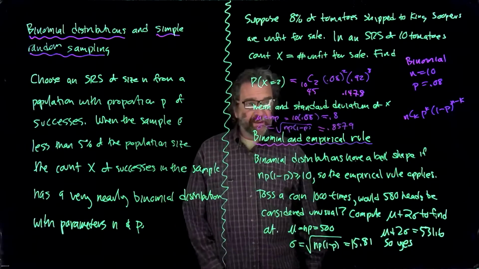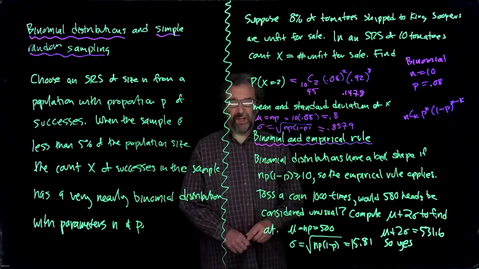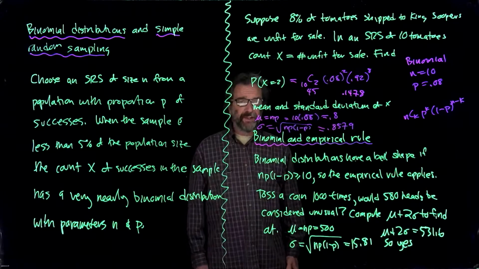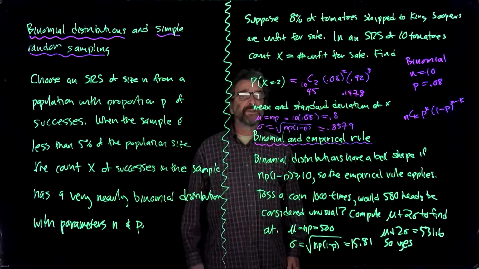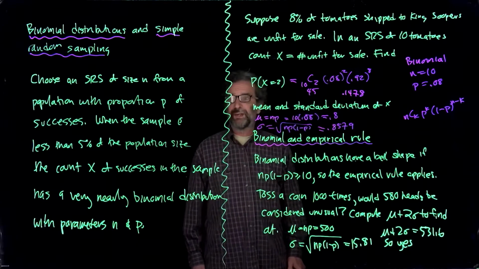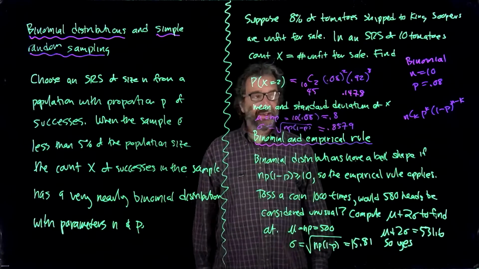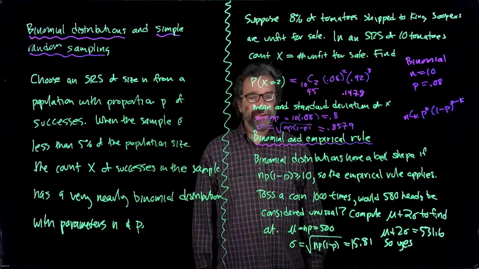Okay, did that. So that makes sense, I guess, to some extent. There they are. We just use the formulas for the binomial distribution with simple random sampling of tomatoes, size 10, with success rate 8%, which is 0.08 as a probability.